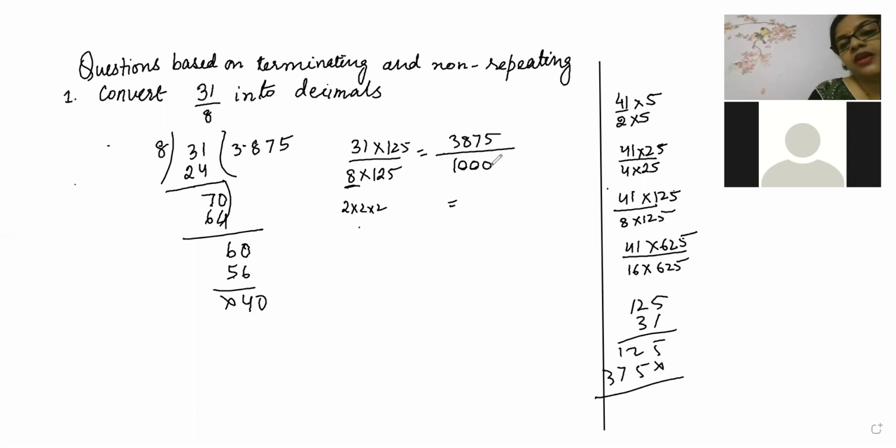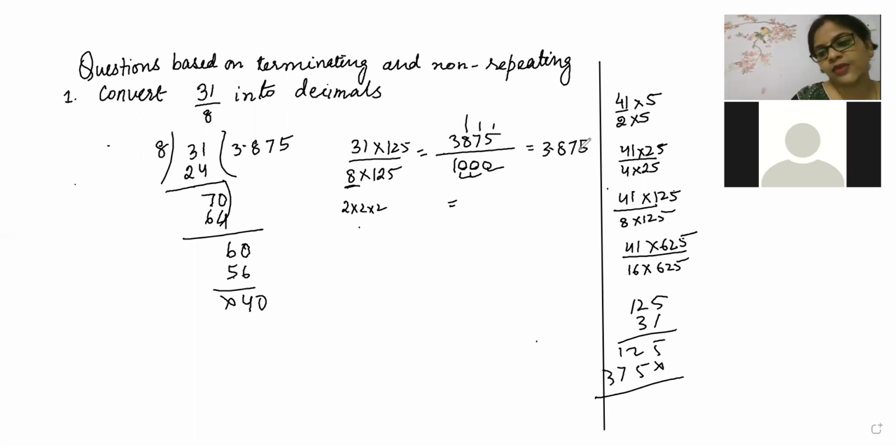Now 3 decimal places: 1, 2, 3. After 3 digits, you put the decimal, so 3.875. When you see the video again and again, you will see that decimal placement is very important.